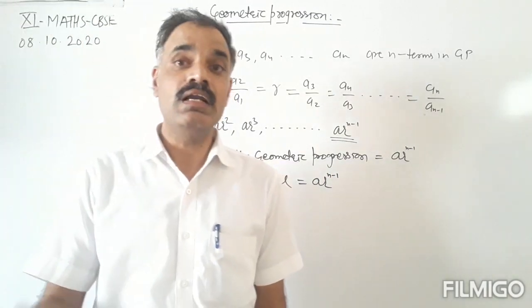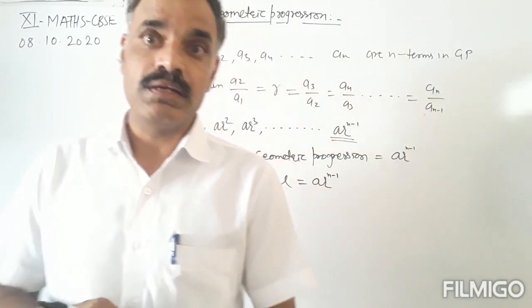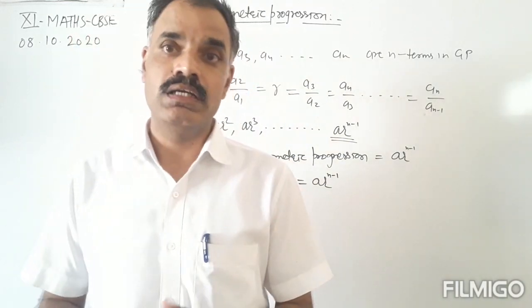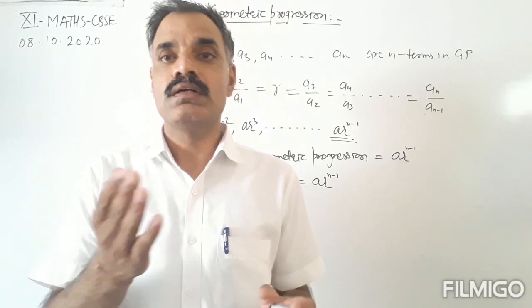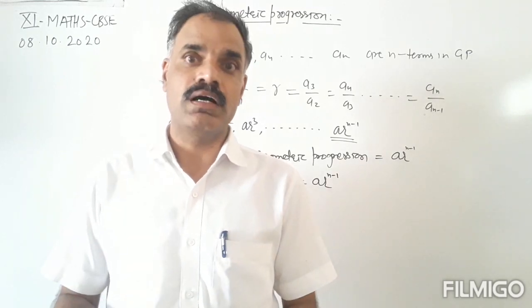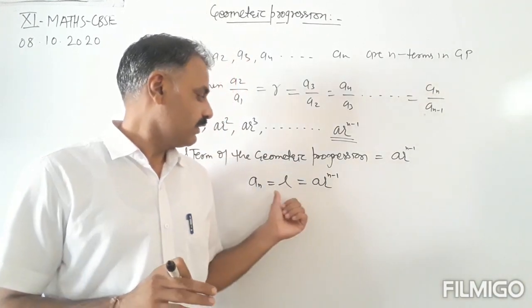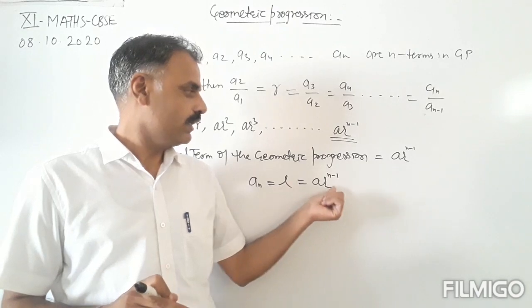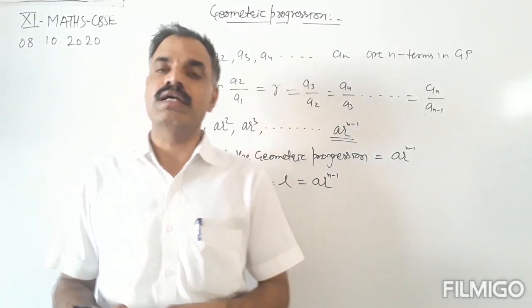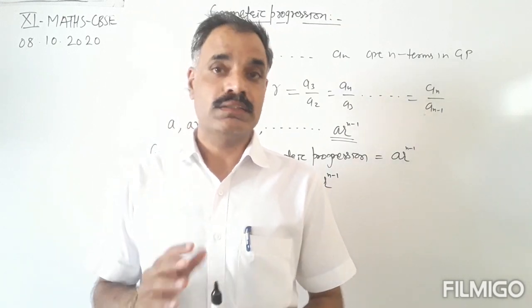Okay, this is the general term. By using this formula we can find any term, 100th term, 200th term or 1000th term can also be found using the formula An is equal to AR to the power n minus 1.